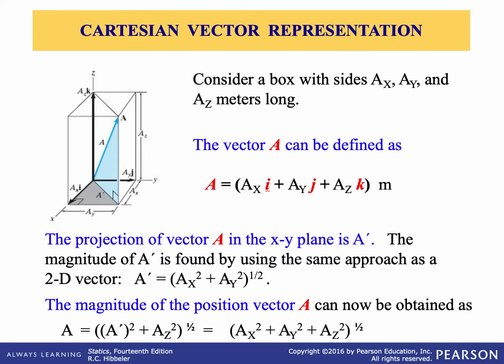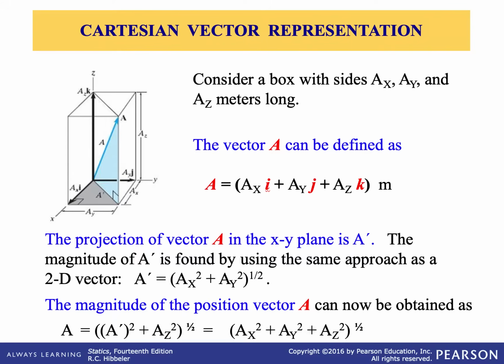Since the 3 components of any vector A act on the positive i, j, k, as we talked before, we can write vector A as Ax in the i direction, which is the positive x-axis, plus Ay, the y component of A, in the positive y-axis, which is j, and also Az, which is the z component of A, in the k direction, which is the positive z-axis.